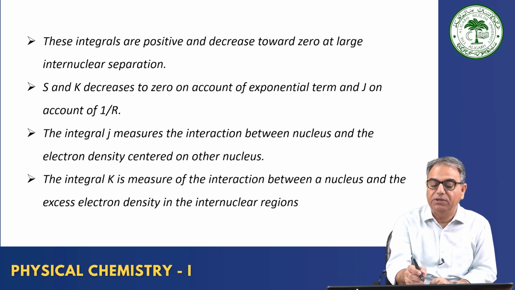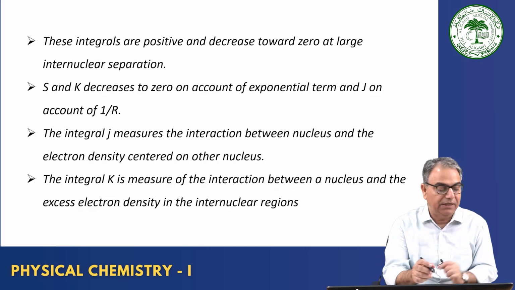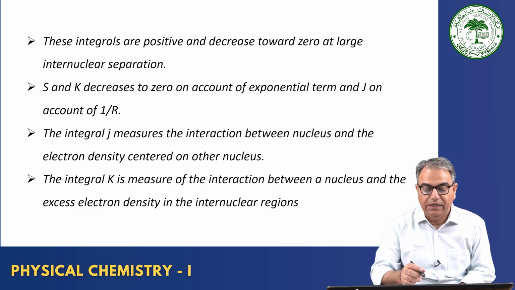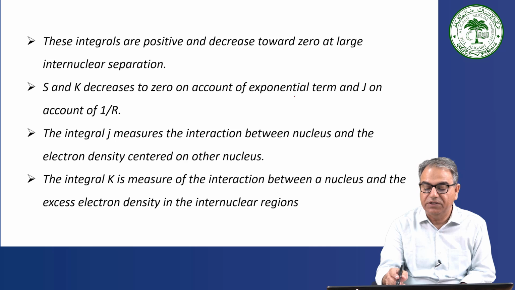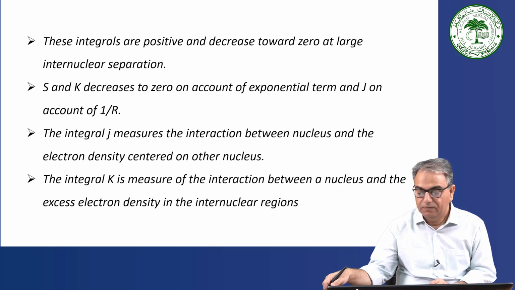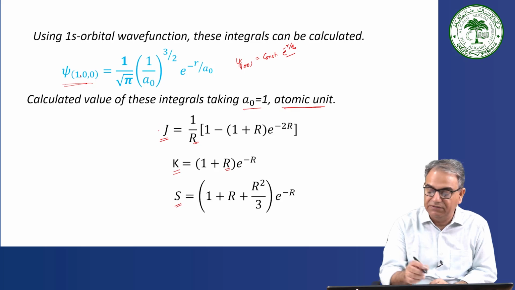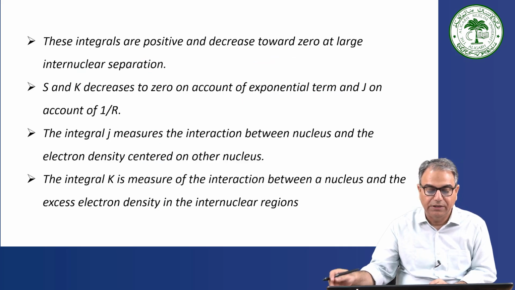So these integrals are positive and decrease towards 0 at large internuclear separation. S and K decrease to 0 on account of exponential terms, and J on account of 1 by R. I've explained how these integrals will vary with respect to internuclear separation.